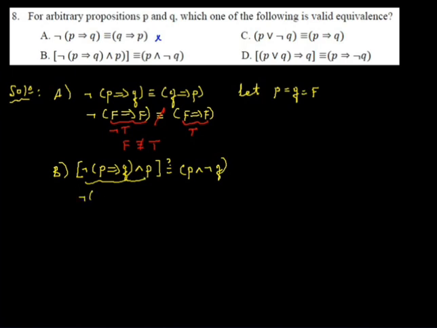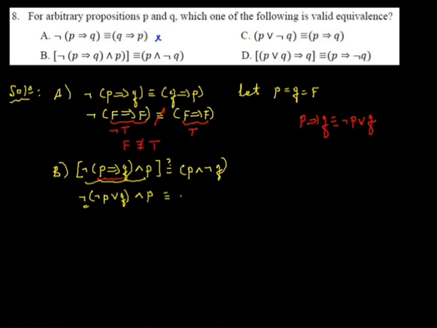The negation of P implies Q is always the same as the negation of P or Q. This is one of the equivalent propositions that we need to know. So in place of P implies Q, I will replace the negation of P or Q, okay, and P. Now distribute this negation into the bracket.